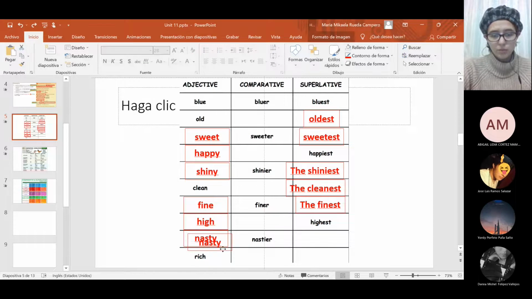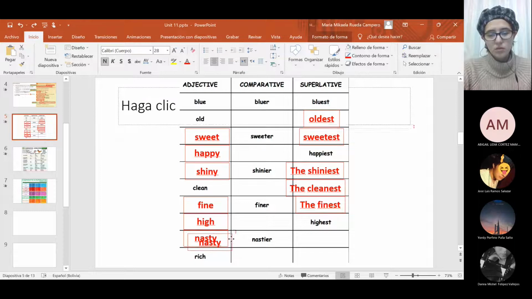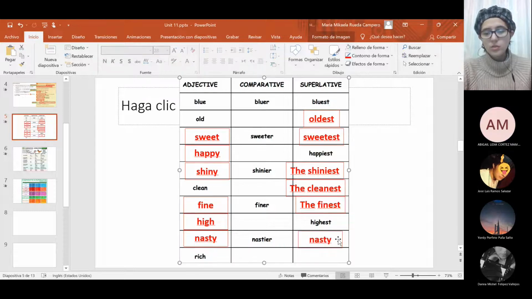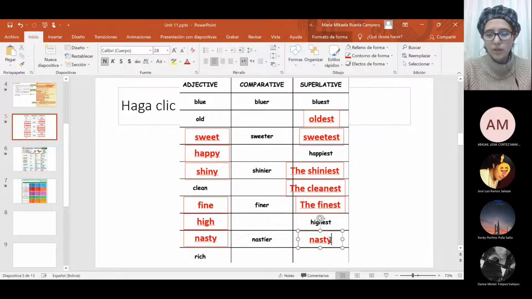So the last one is rich. What will be the superlative form of rich? Okay, so we need to add est. ¿Cómo sonaría?